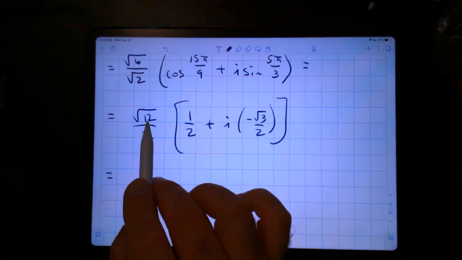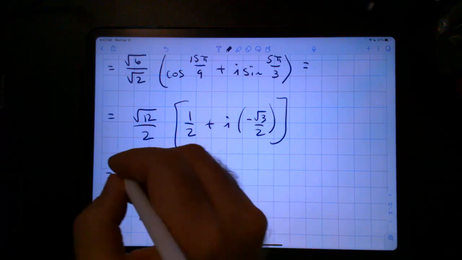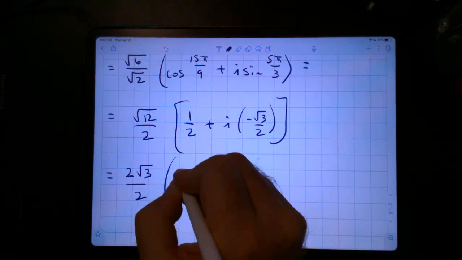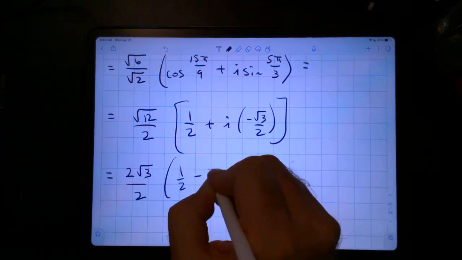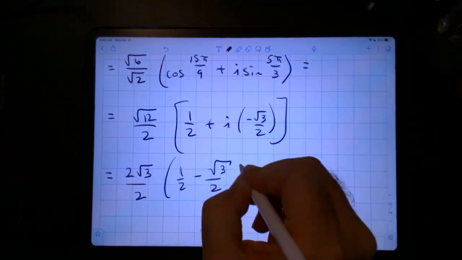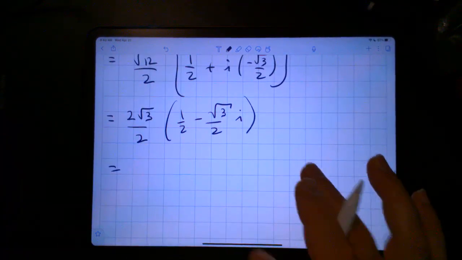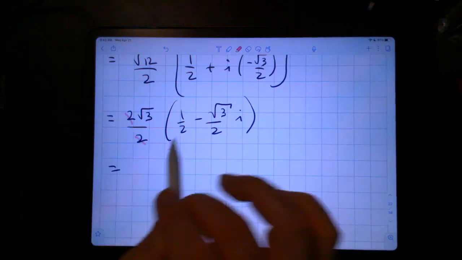So radical 12 is 4 times 3. Square root of 4 is 2. Here the 2's simplify.